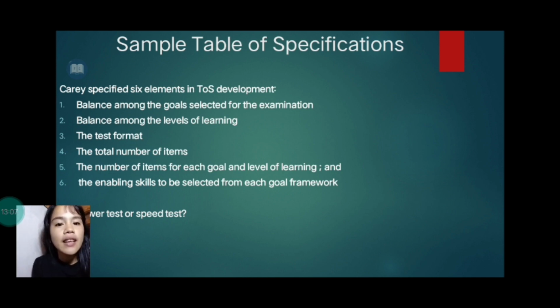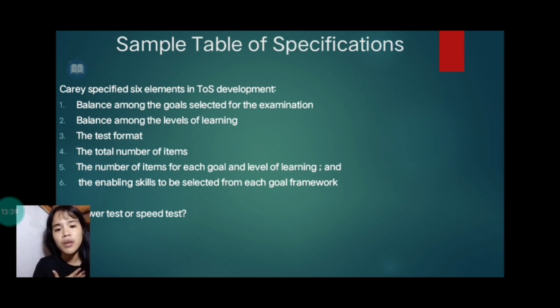Number 6, the enabling skills to be selected from each goal framework. We have to know whether it is a power test or a speed test. A power test is intended to measure the range of the student's capacity in a particular area, as opposed to a speed test that is characterized by time pressure.